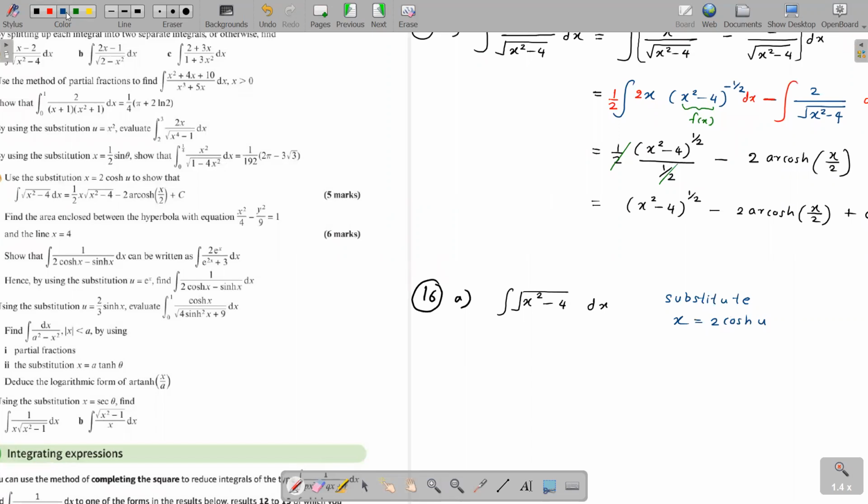The first step in substituting is differentiating the given substitution. So we get dx over du equal to 2 times the differentiation of cos, which is sin u. So dx equals 2 sin u du. Is that okay? So let's substitute the values we found: x square minus 4 dx is 2 sin u.